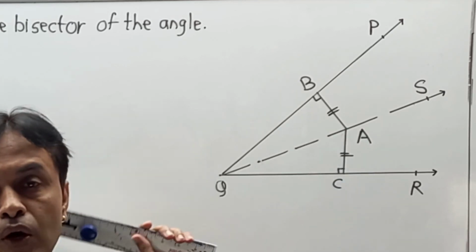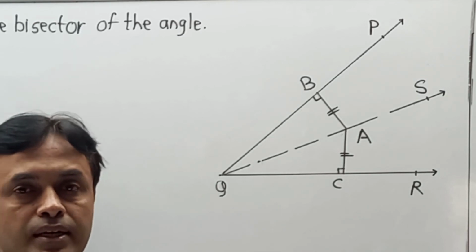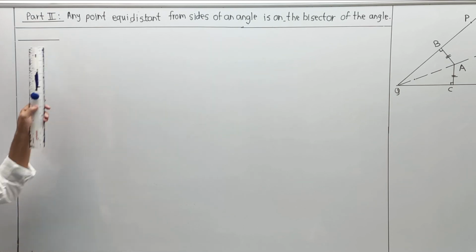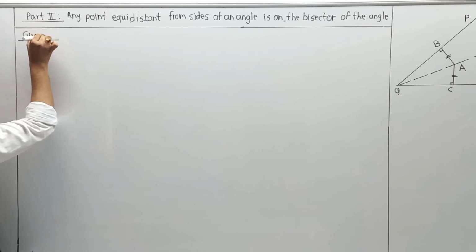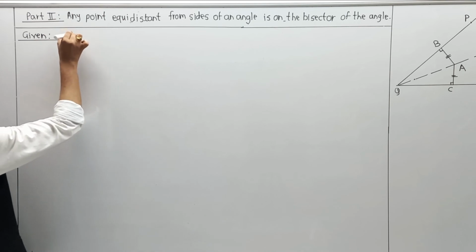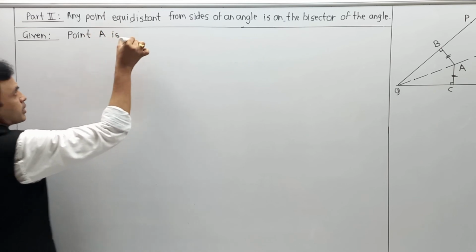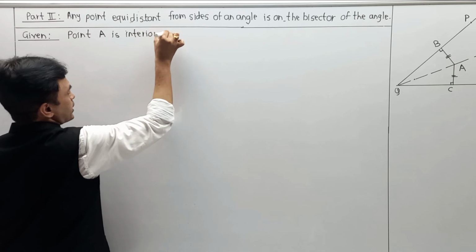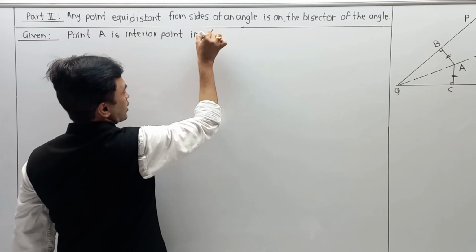So please pay attention to all the parts. How to make a proof? Again I am going to explain it in terms of a diagram so everyone can understand. First we are going to write given and to prove. Now according to the diagram description we are going to write the part of given. And the part is point A is an interior point in angle PQR.